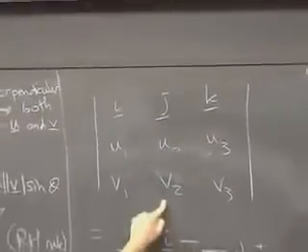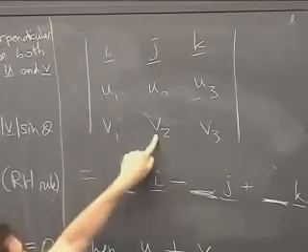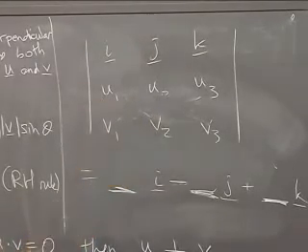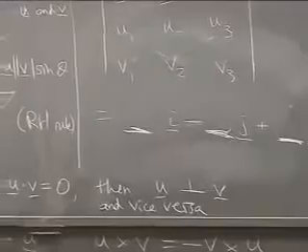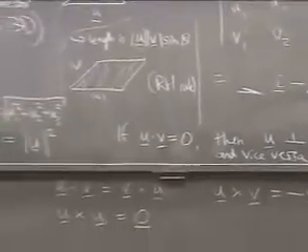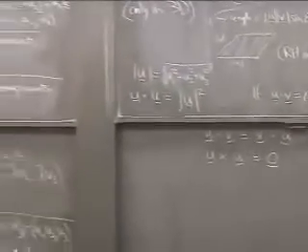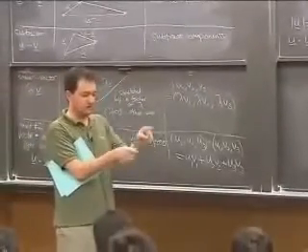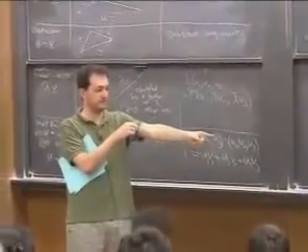For example, if we look here, imagine that V is the same as U. Then this would be U1, U2 minus U2, U1. So that would be 0. And the other coordinates would also be 0. So if two vectors are in the same direction, the cross product is 0. Which is just as well, because there's no unique normal to just one vector in 3 dimensions.